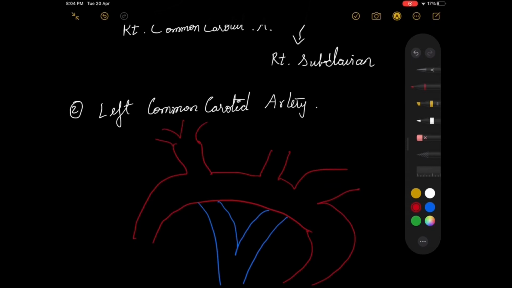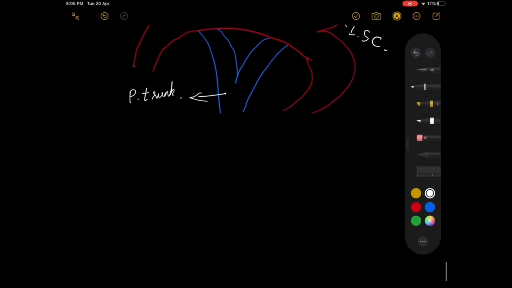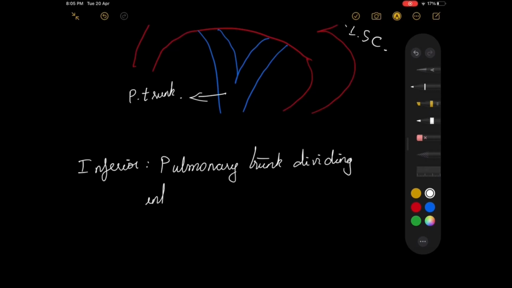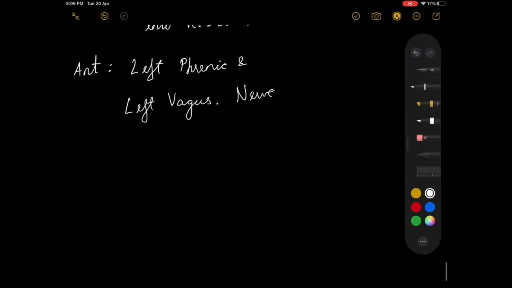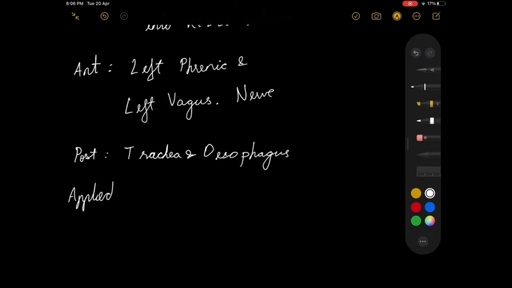You just have to draw 3 roots, which is a right common carotid and right subclavian from the brachiocephalic, and the left common carotid and left subclavian, and the pulmonary trunk divided into 2. And inferiorly, the pulmonary trunk divides. Anteriorly, the left phrenic and left vagus nerve are present, and posteriorly, we have the trachea and esophagus.